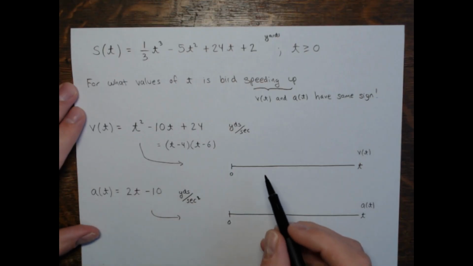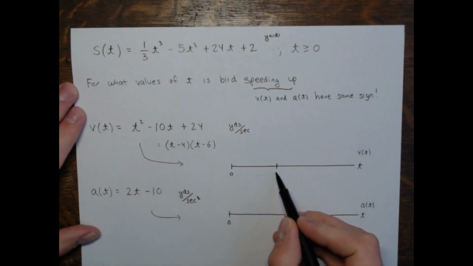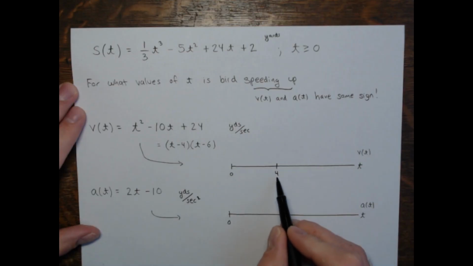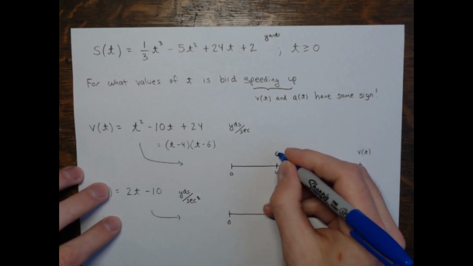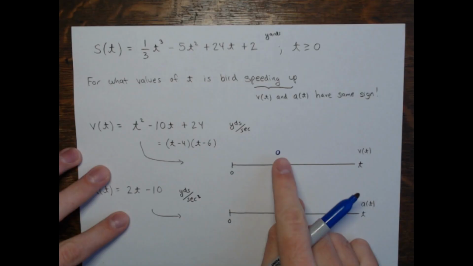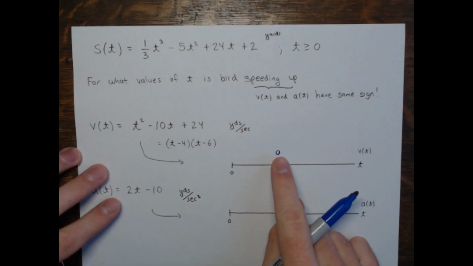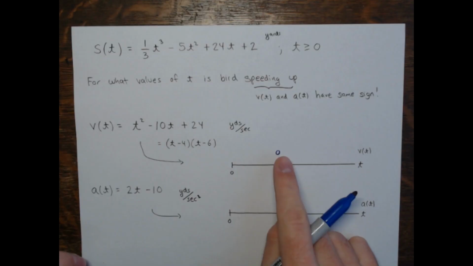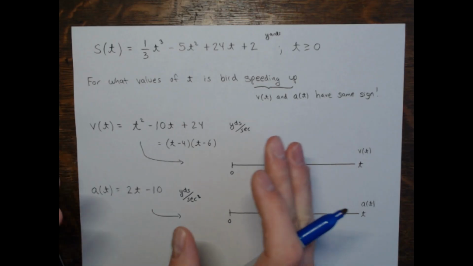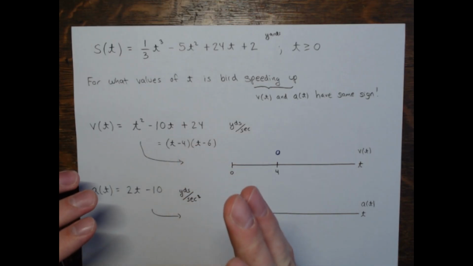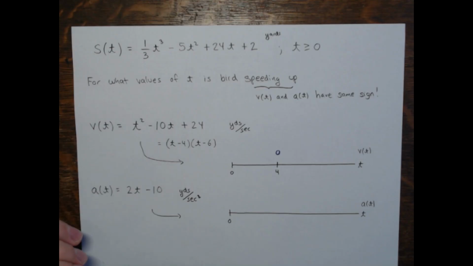So you see at t equals 4, so 4 seconds, the velocity would be 0. That would be at rest. Again, when the velocity is 0, we'll say the object is at rest. So this bird is neither moving to the left nor to the right at the 4-second mark, 4 seconds into its flight.